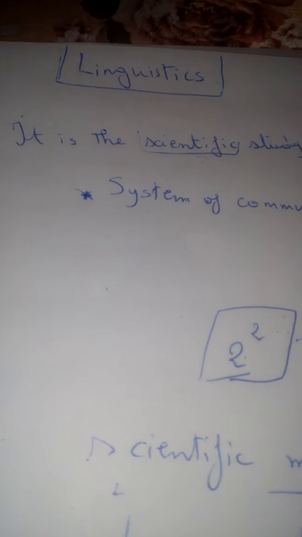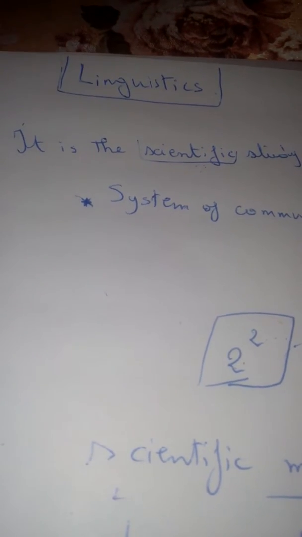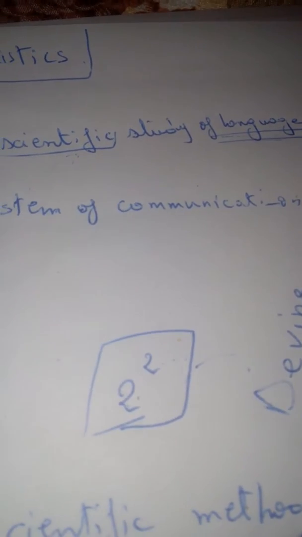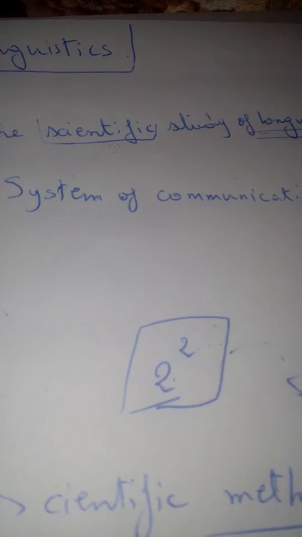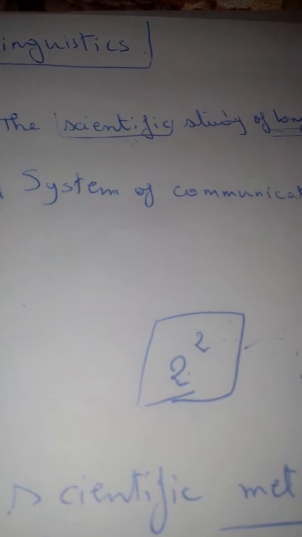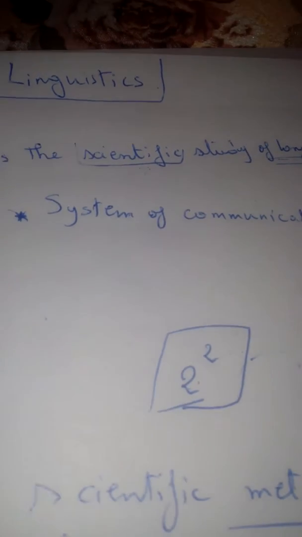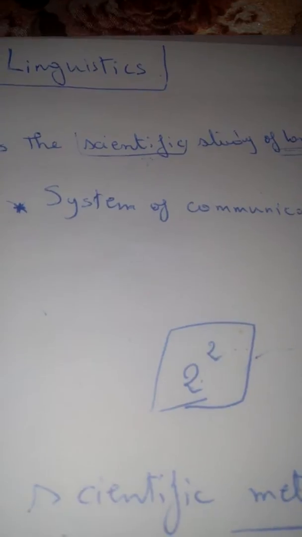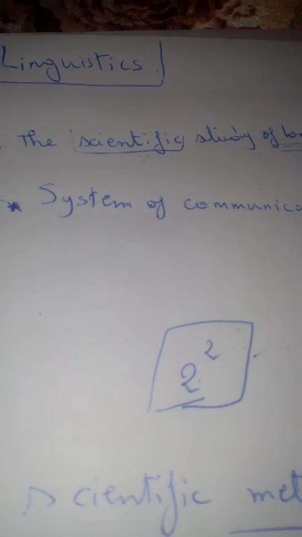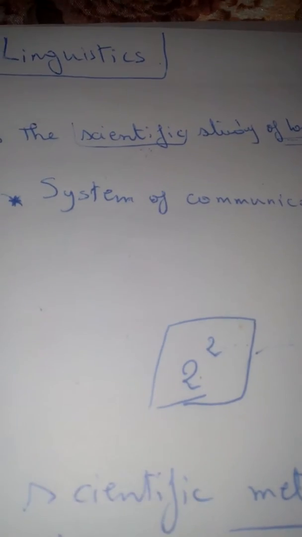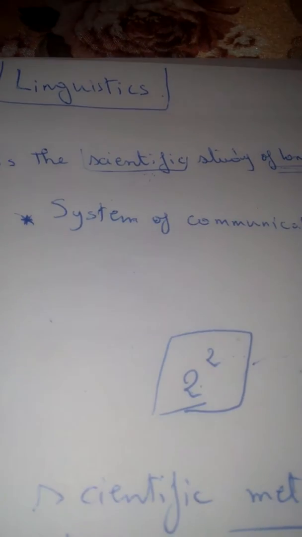Now, when we say linguistics, right? The definition is: a scientific study of language, right? This is a definition that we all know, taken from a book called Cours de linguistique générale by Ferdinand de Saussure. He is a very important person that you should know about. He is the father or the founder of linguistics as we know it today.